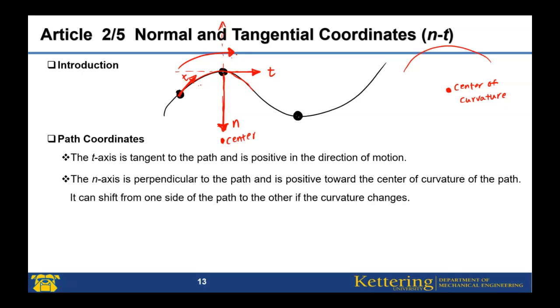The normal axis is perpendicular, and it is positive toward the center of the curvature. Or at this point, this is the tangential axis, and if this is the center of the curvature for this part of the curve, the normal axis will be in this direction.